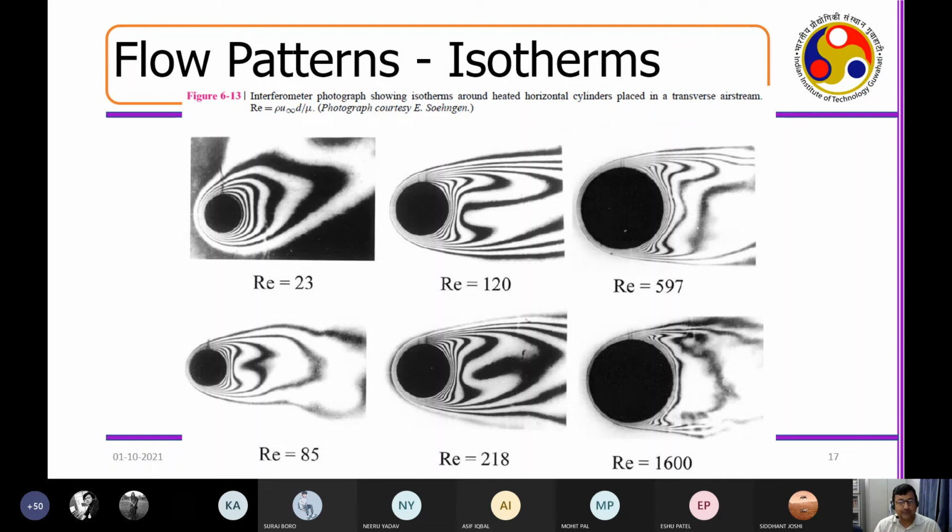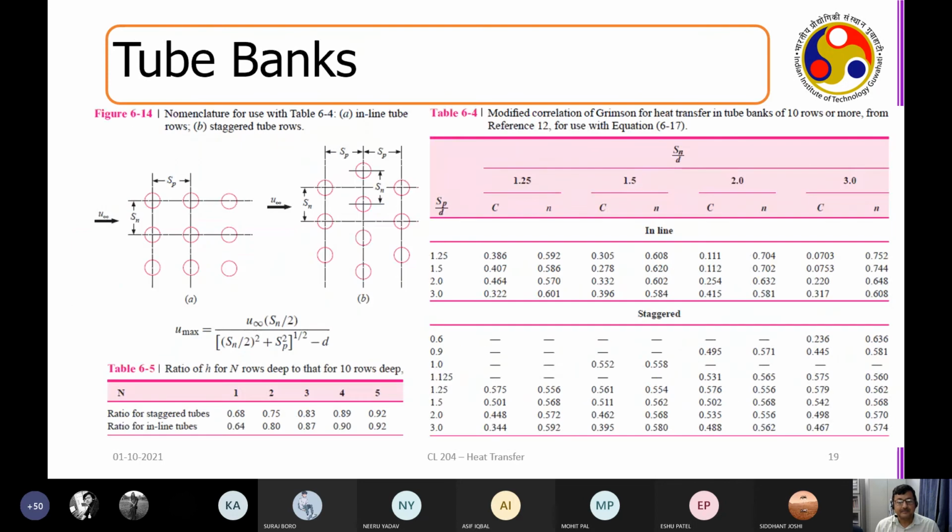That is the only change that you have to make. So you first estimate the friction factor without the heat transfer, and then you estimate the friction factor with the heat transfer, and you have an array of correlations available. You will see in the tutorials, we will do these things, and from there you will be able to understand how to manage those parameters.